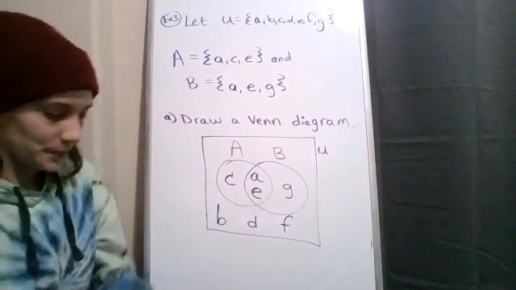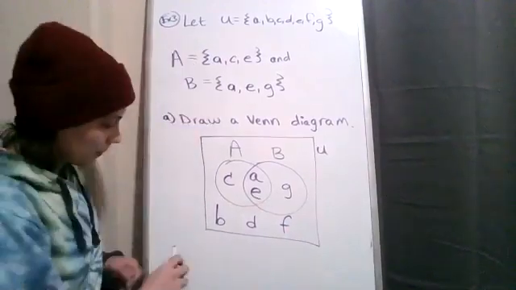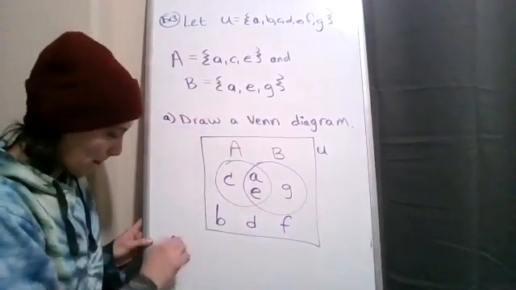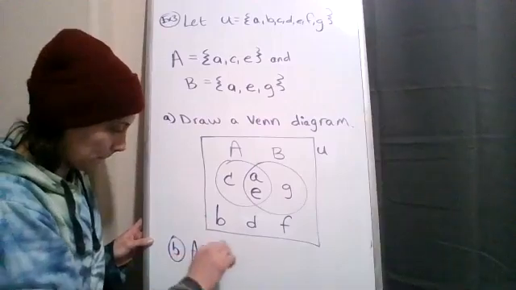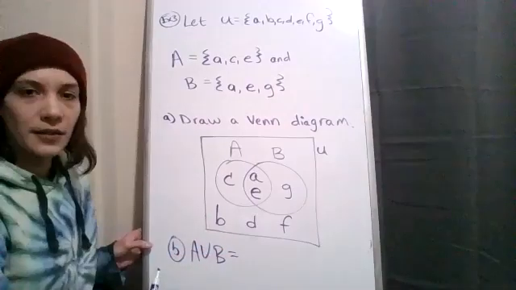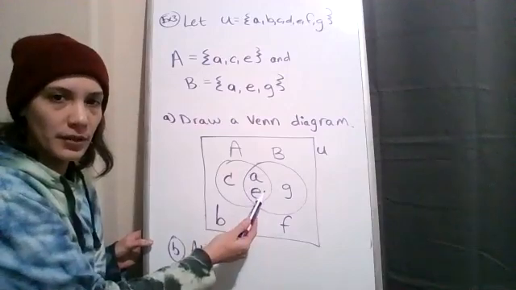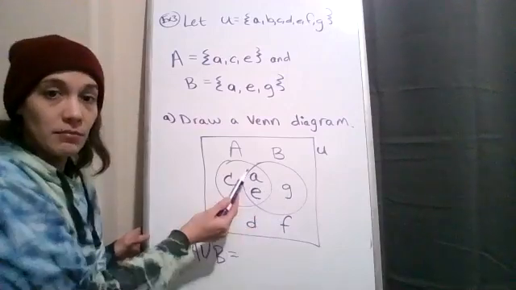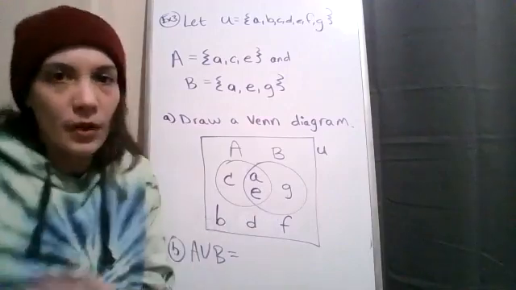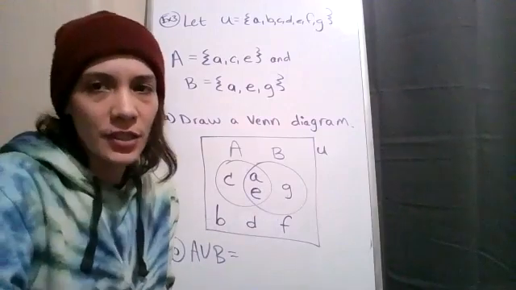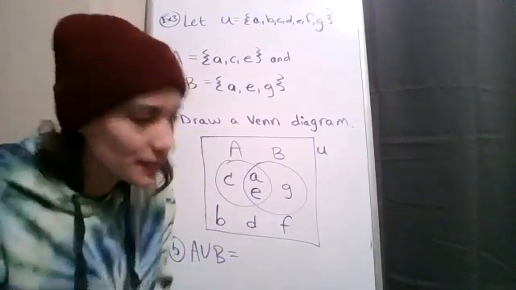Okay. A union B. So from A or B or both. Professor, did you do these on accident? Did you say that again? I think you put two B's on accident.